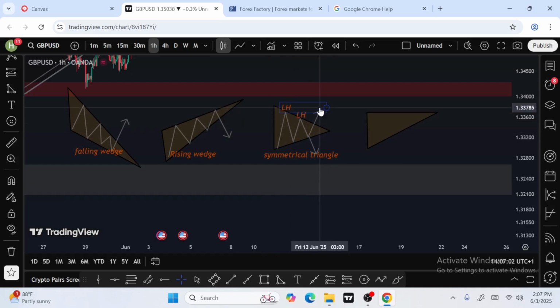Then this is what? Breakout. Do you get it now? Then this part will be referred to as what?